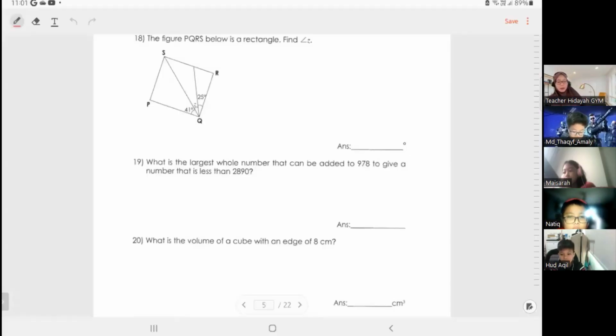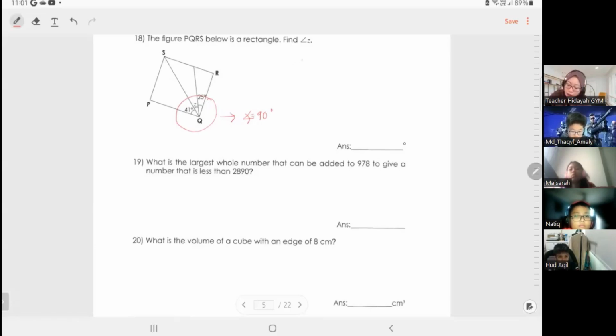The figure below, PQRS, is a rectangle. Find angle Z. So easy. Rectangle has 4 corners of 90 degrees, which is a right angle, right? So this corner is actually a total of 90 degrees. That angle there, angle Q, is actually 90 degrees.